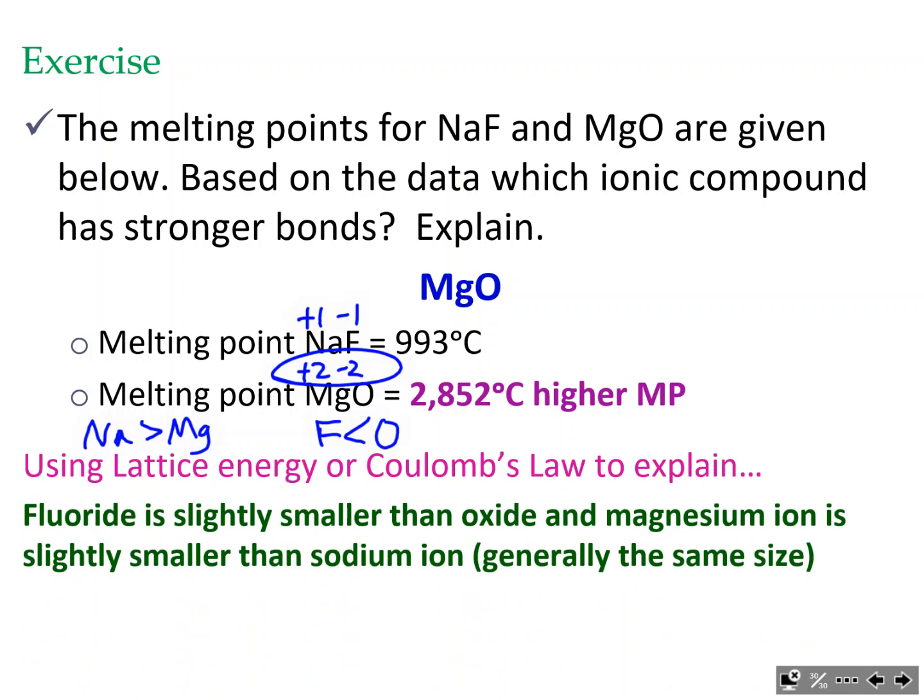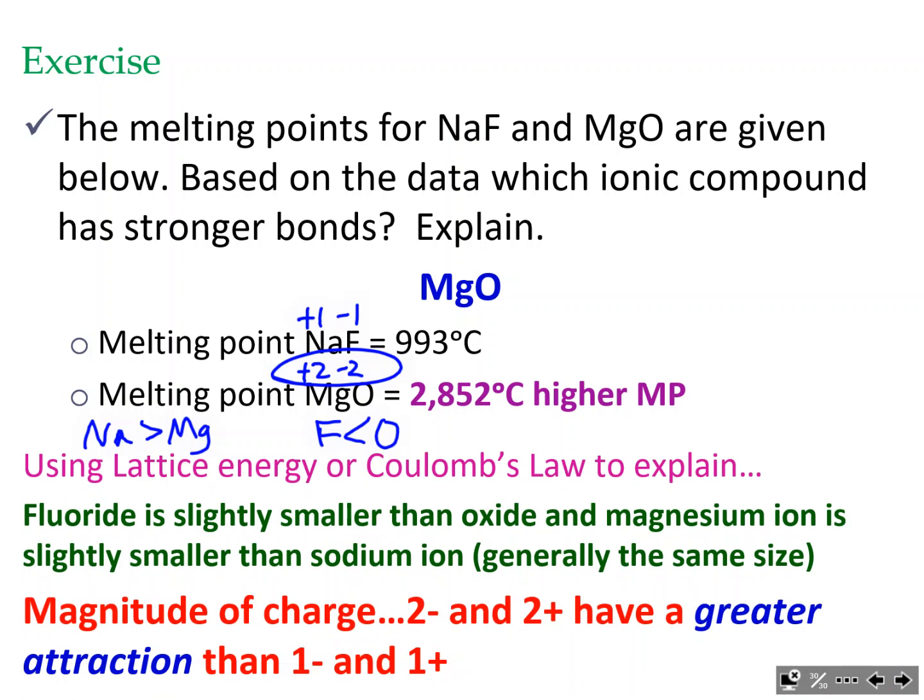Fluoride is slightly smaller than oxide, and the magnesium ion is smaller than the sodium, so generally the distance is the same. As for the magnitude of charge, the 2 minus and 2 plus have a greater attraction than the 1 minus and 1 plus. You would say that the numerator affects the calculation of the lattice energy or the force of attraction, and that's why it has a significantly higher melting point.